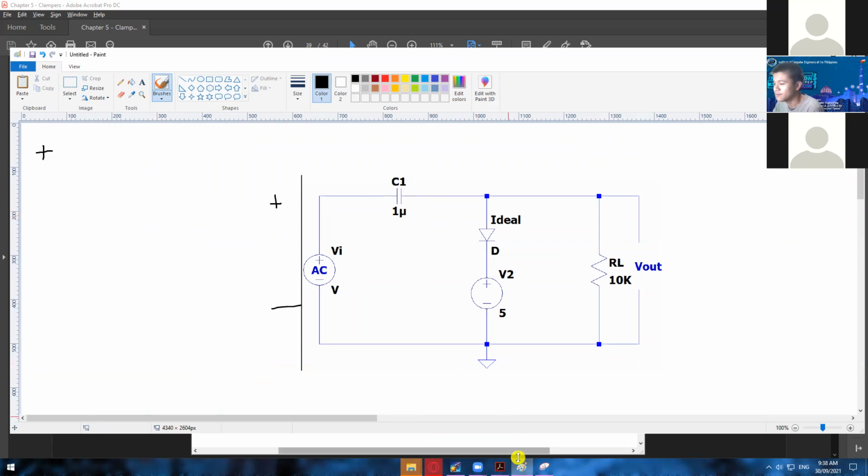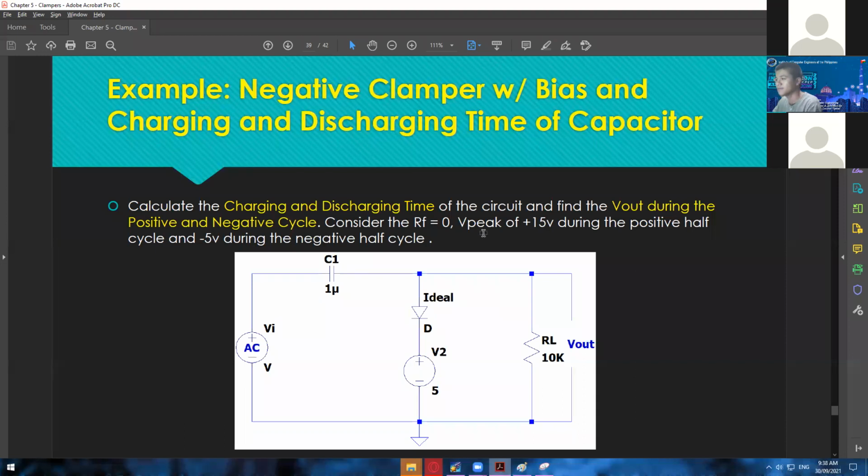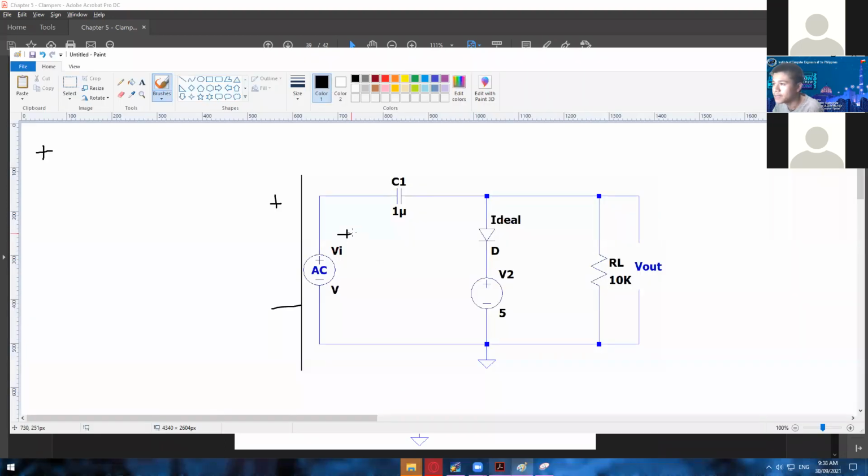So what is our value? We have plus 15 and then negative 5 volts. Since we are in a positive half cycle, we will use this value right here, plus 15.